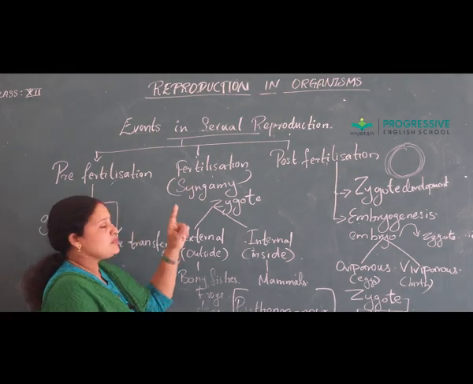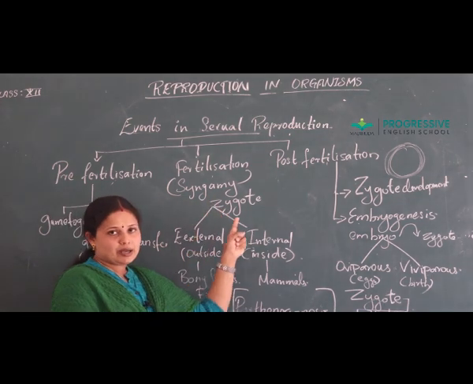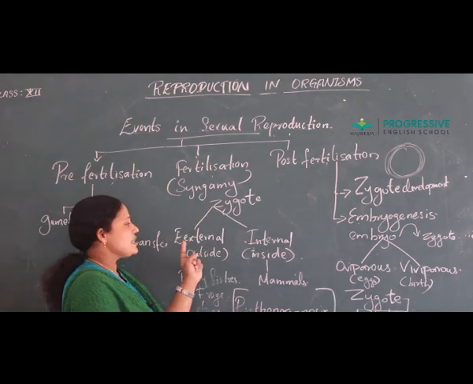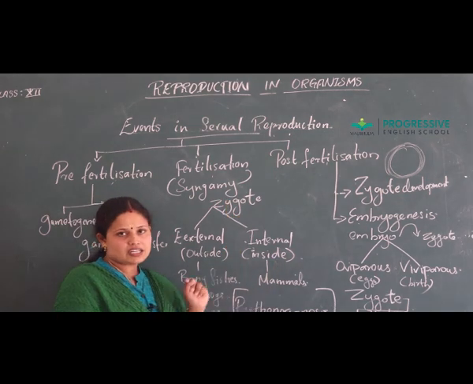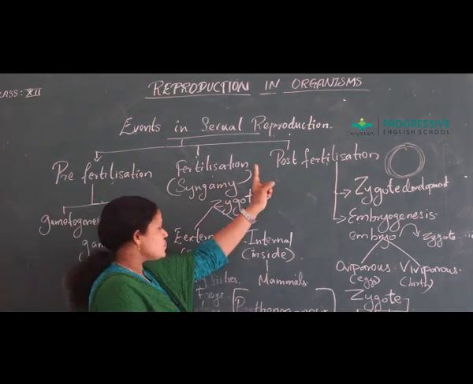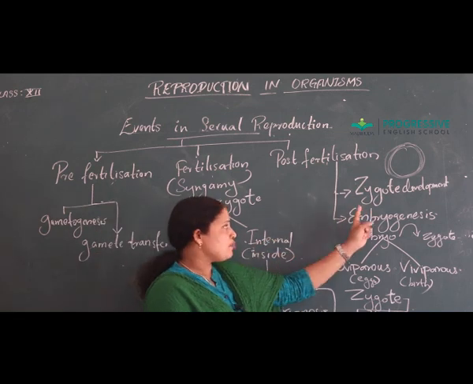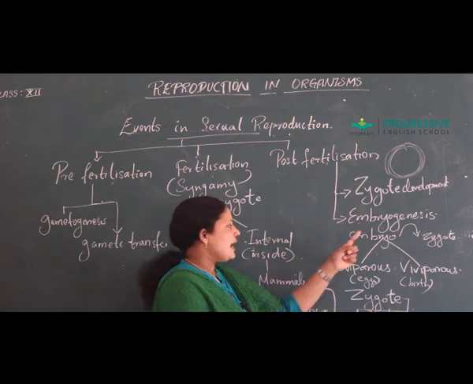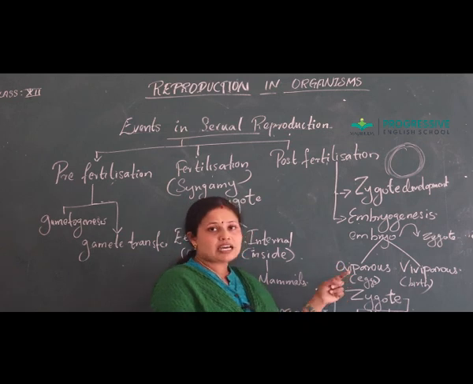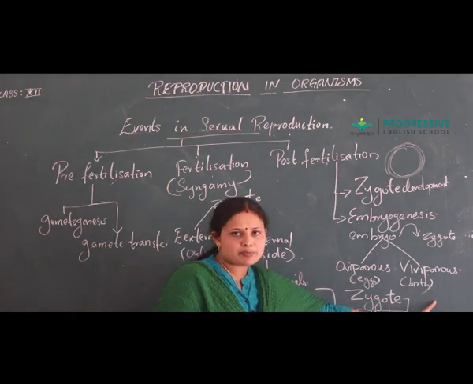Fertilization, another name for which is syngamy, has 2 types, external and internal fertilization. And post-fertilization includes zygote development and embryogenesis. The 2 types of animals are oviparous and viviparous.